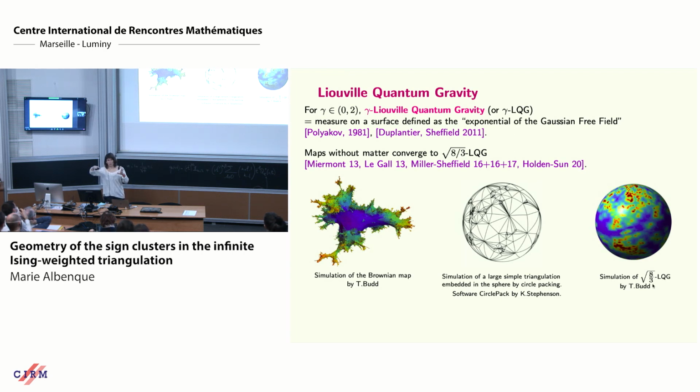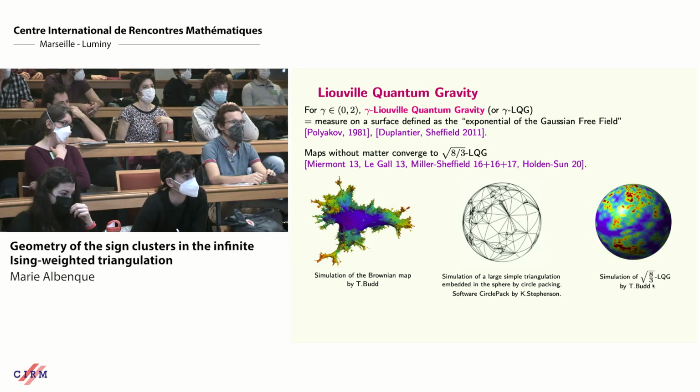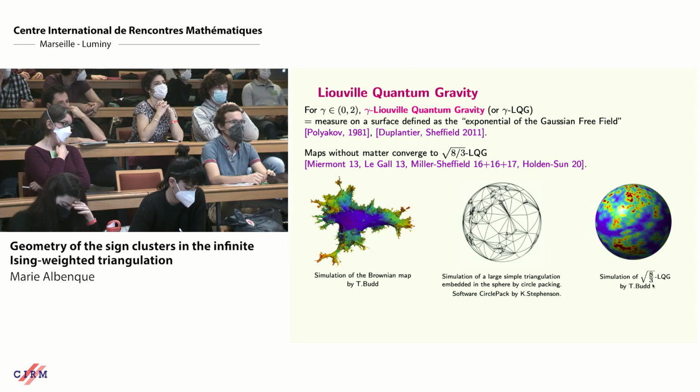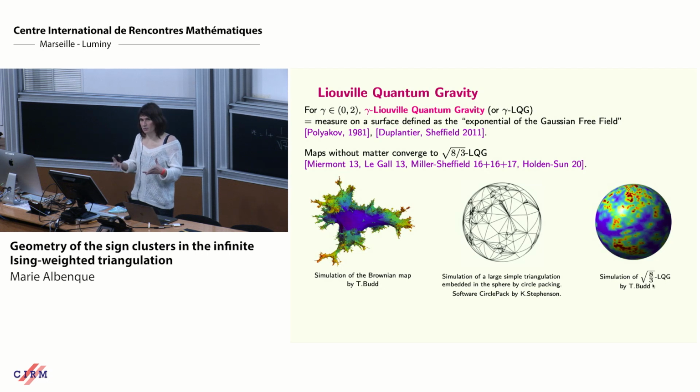So you can, through this path, show that the scaling limit of maps without matter is the square root of 8/3 Liouville quantum gravity. It's a very, very fast way of describing this result.